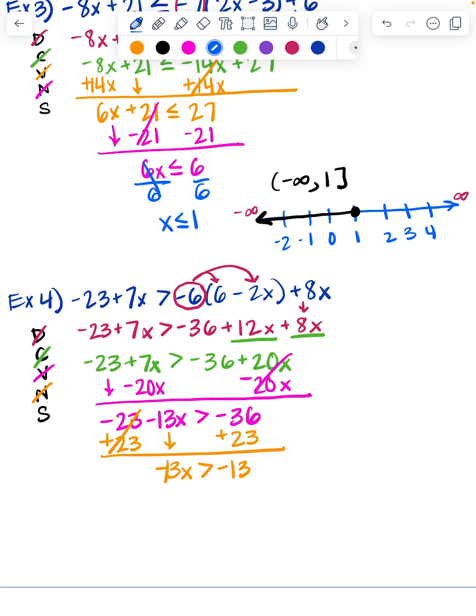And now solve, divide by the coefficient, which my coefficient in this one is negative. Don't forget your golden rule. Oops. If you divide by a negative number, you need to flip that inequality. So this greater than becomes less than. So my answer is x is less than 1.